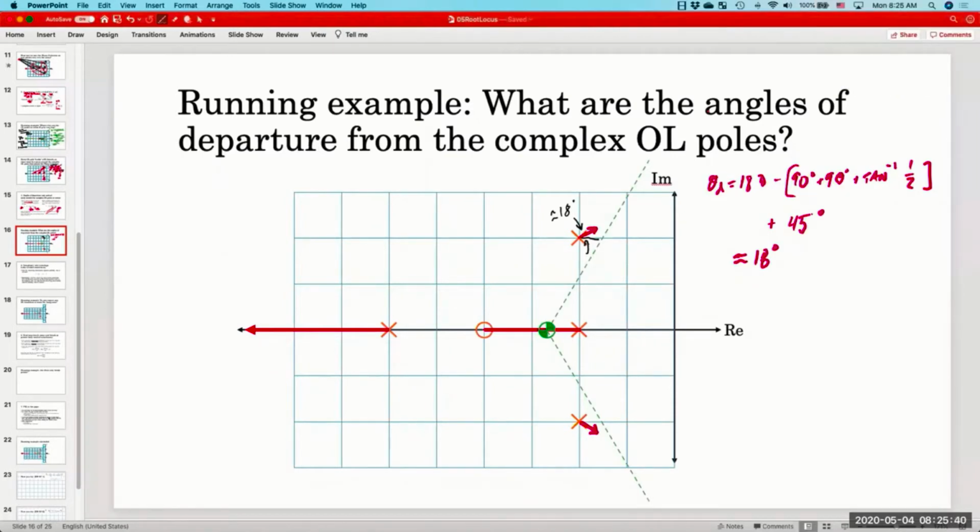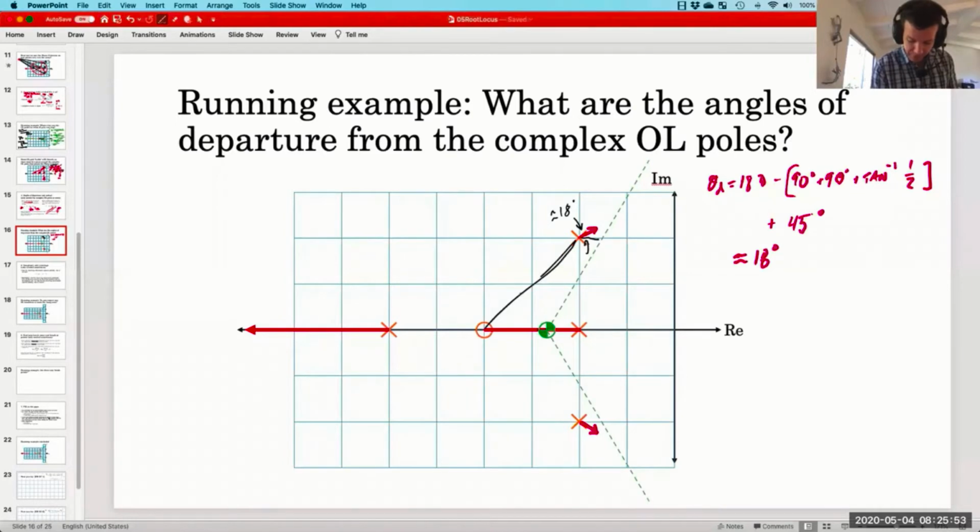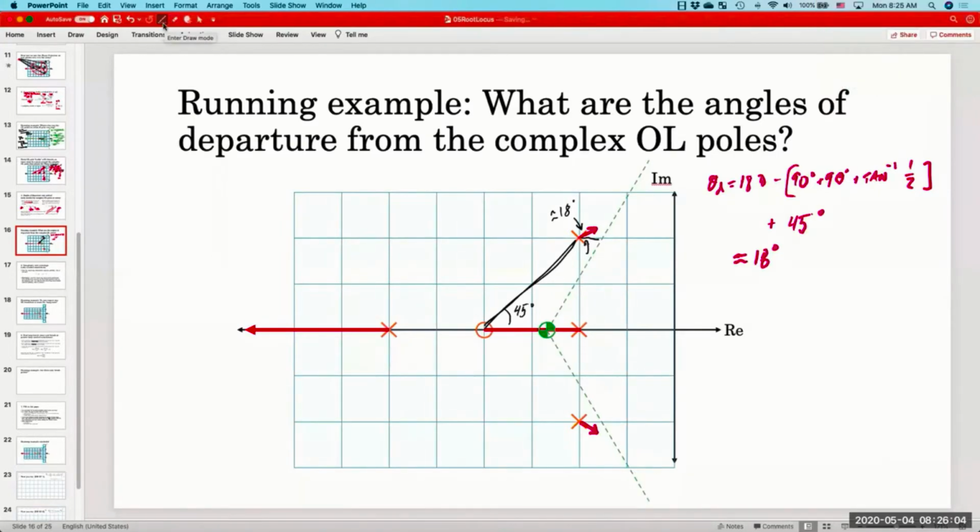Okay, go for it. Where did you get that 45 degrees that you added on at the end when you calculated your approximation? So that is the gamma, the angle formed by this vector. Gotcha. Yeah. Rise of 1, run of 1. So the 18 degrees is just where it leaves, but then it follows that asymptote? Good.